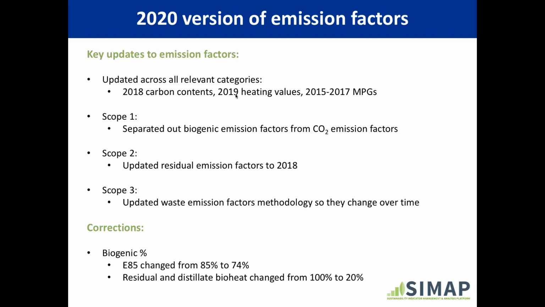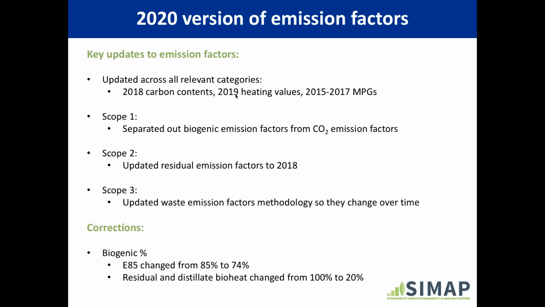In scope 3, one update that we made is to the waste methodology. We are continuing to use the WARM model as we have been in the past, but we have gone back and looked at previous versions of the WARM model as well as current versions, and updated the factors as the waste composition changes over time.